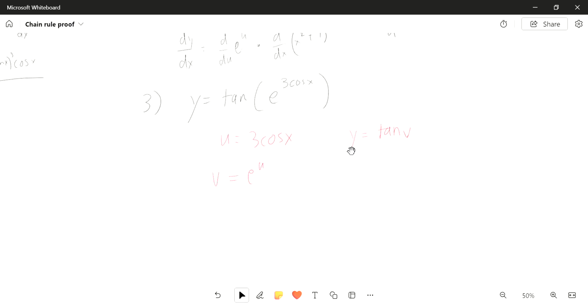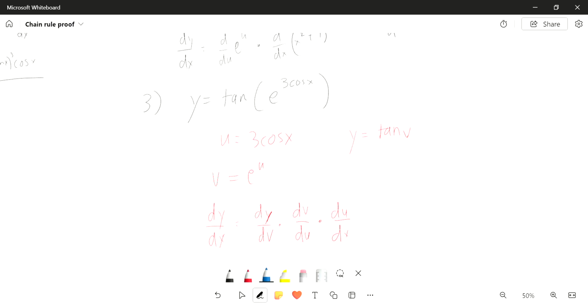So now when we take our derivative of y with respect to x, which is dy over dx, we have to do dy over dv multiplied by dv over du multiplied by du over dx. And algebraically, this looks like it cancels out really nicely. In reality, it's just 3 separate derivatives.